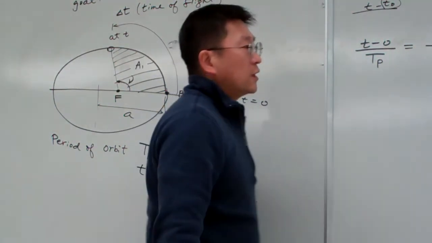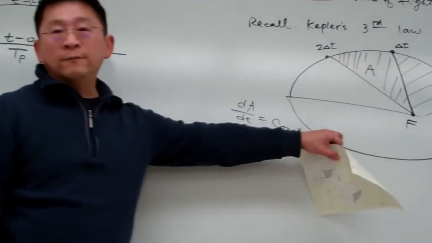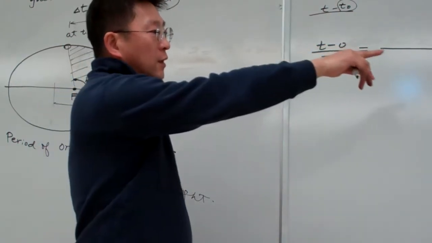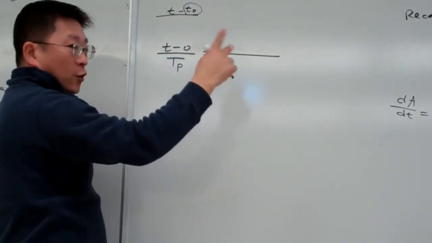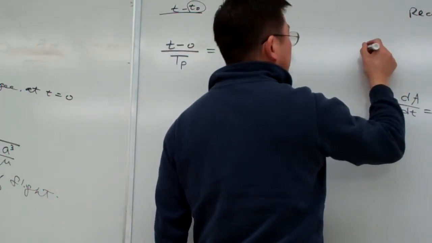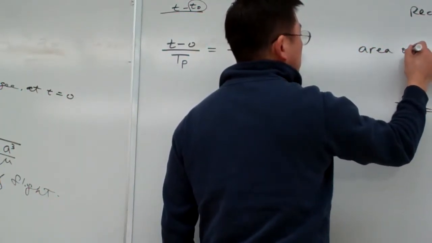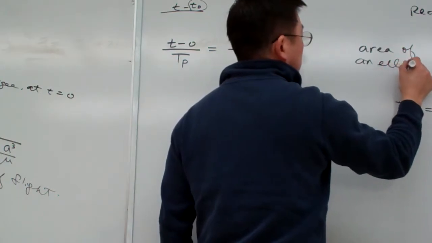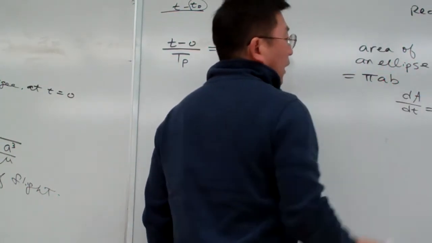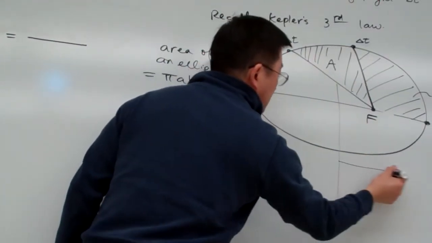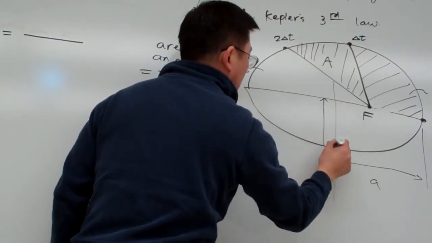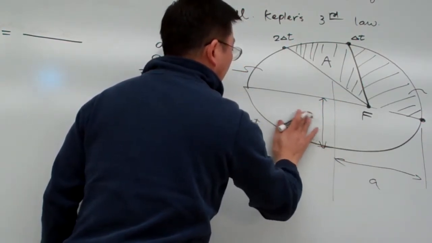Again, we utilize Kepler's third law for the whole cycle, and that means the area being swept is the whole area. The area of an ellipse equals pi AB, where A is the semi-major axis and B is the semi-minor axis.